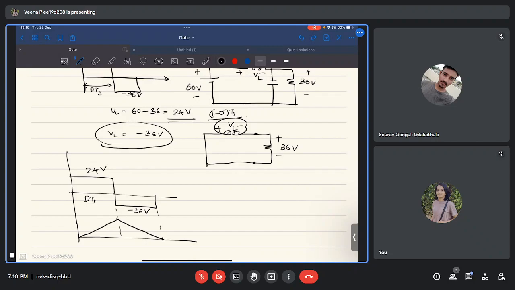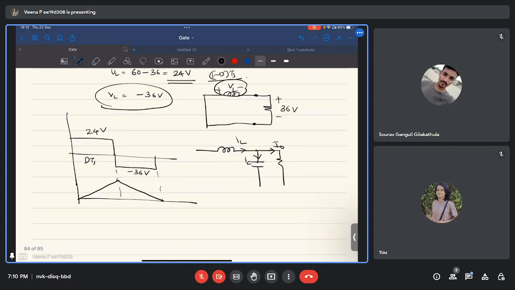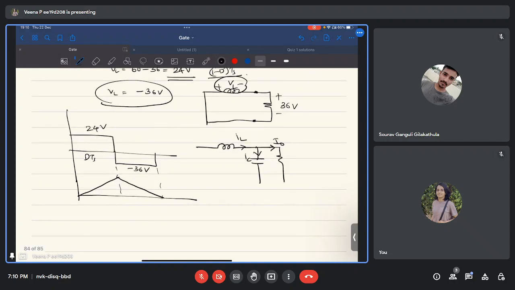So now another point is that the inductor current will flow through the load I naught and the capacitor. So this is your inductor current IL. You know that there are two rules in a DC to DC converter under steady state. One is inductor volt-second balance. That means the average voltage across the inductor will be 0 at steady state.